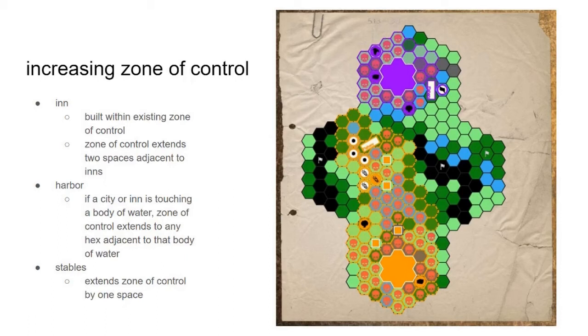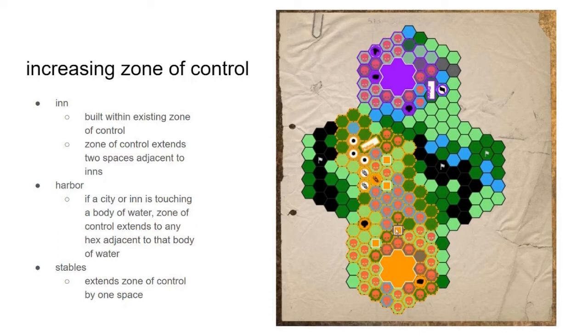Our next way of extending our zone of control is a harbor. What a harbor does, a harbor is a manned building within your city. If the harbor is manned, any body of water that has an adjacent inn or city now includes all adjacent shore spaces in the zone of control.